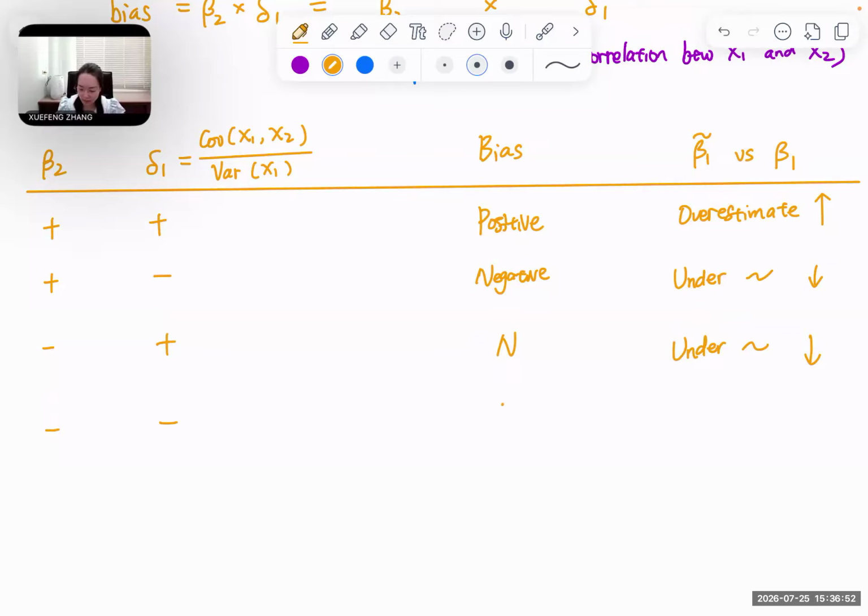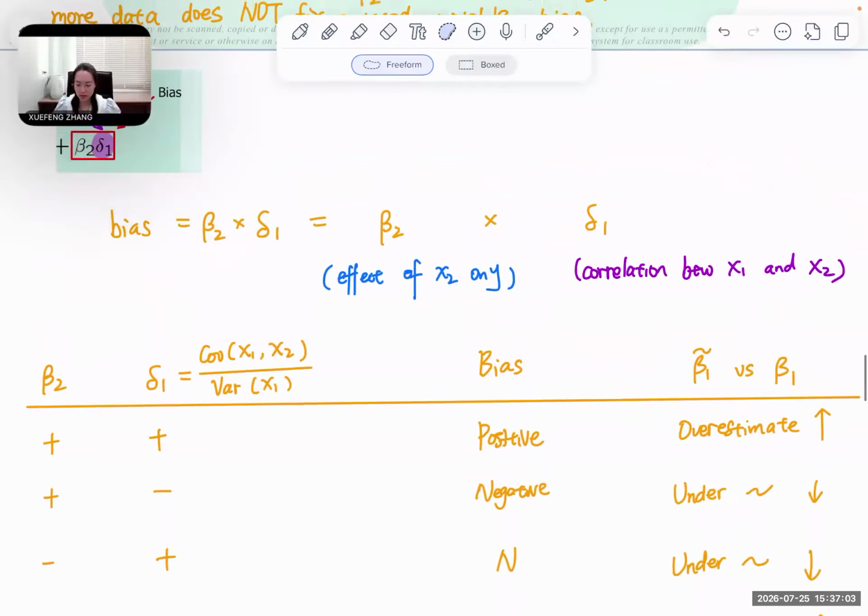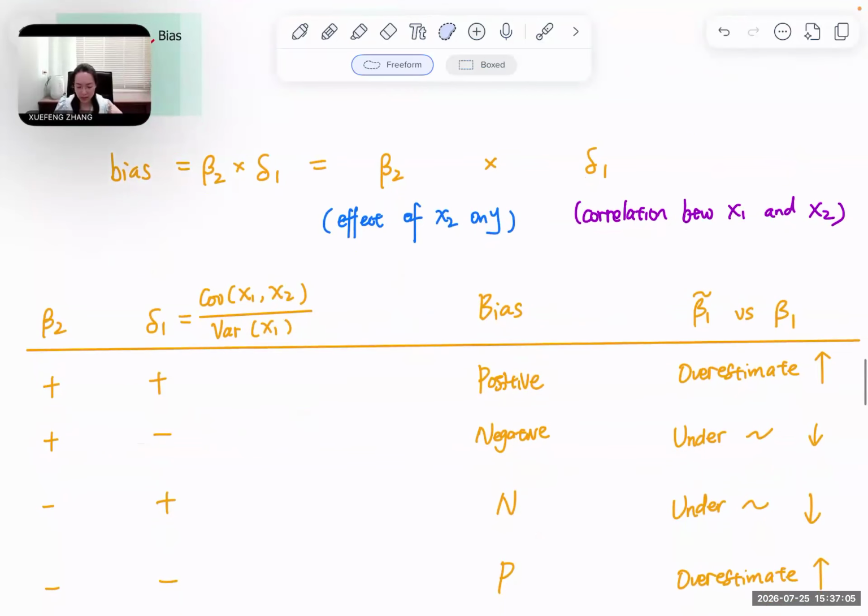So the bias is positive, right? So we have an overestimate. Okay, so that clarifies the bias term.